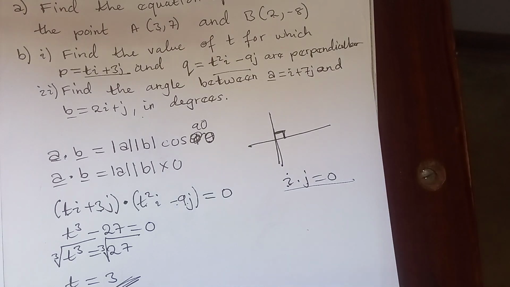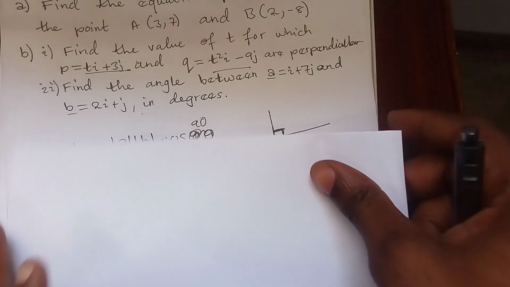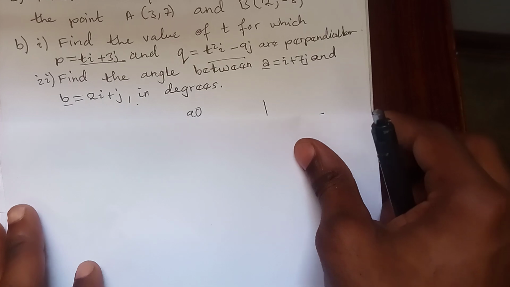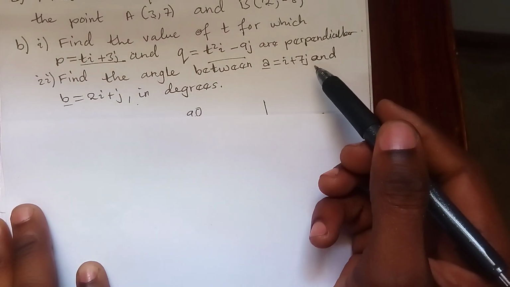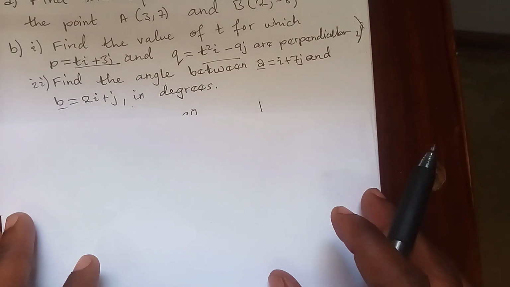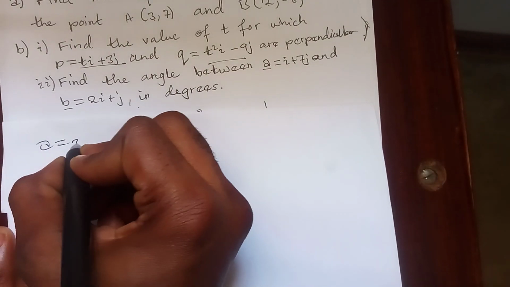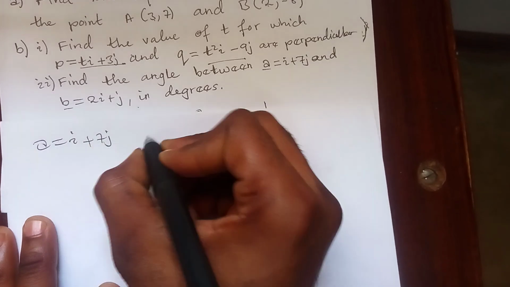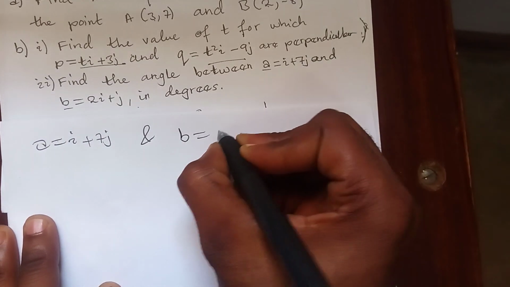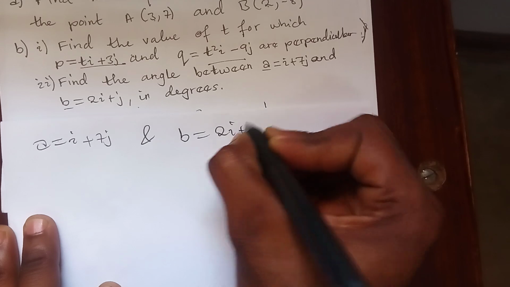And then part B2, find the angle between A, which is this, and B, which is that, in degrees. So we have A is this, and B, which is 2i plus j.